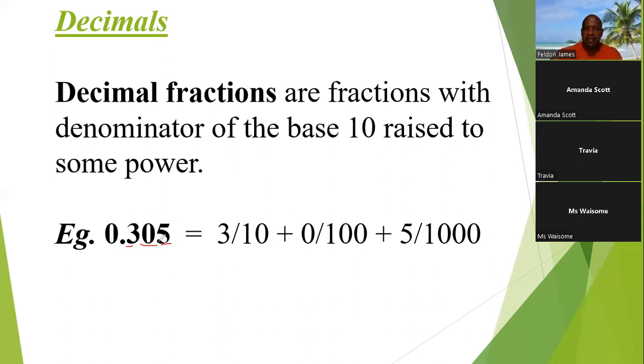Now, if you pay special attention to the zeros in the denominator, you'd realize that there's a little pattern here with these zeros and the decimal places. What do you notice about the decimal places and the zeros? Do you see any pattern with the decimal places, the positions, with the number of zeros?